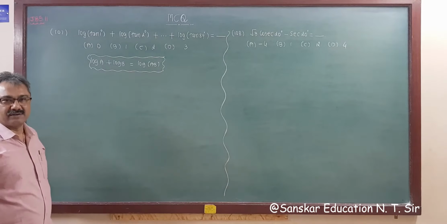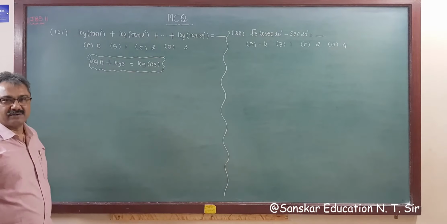So we get log A plus log B plus dash up to log n. If it is given log A plus log B, then the answer is log AB. So we have to multiply A into B, that is multiplied by 10 1, 10 2 and 10 89.